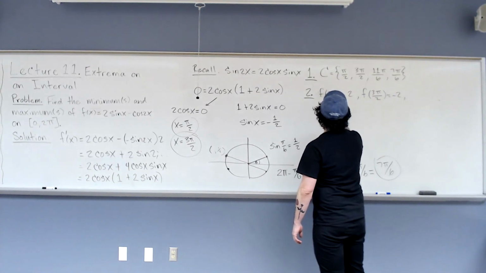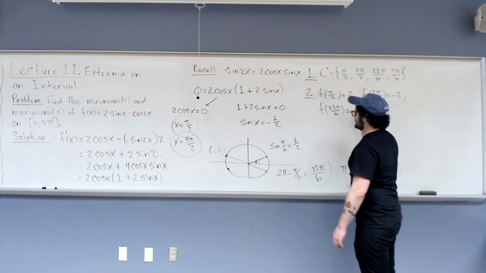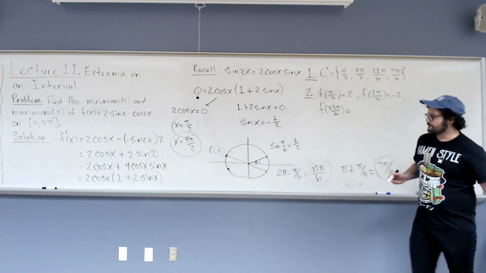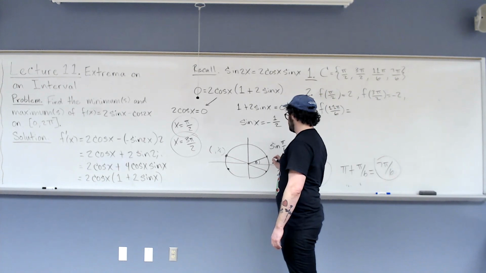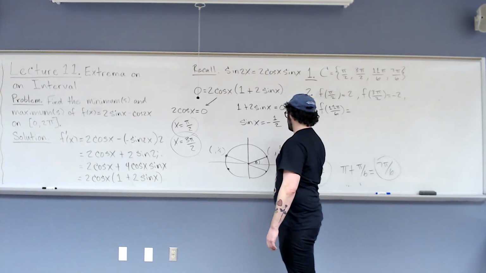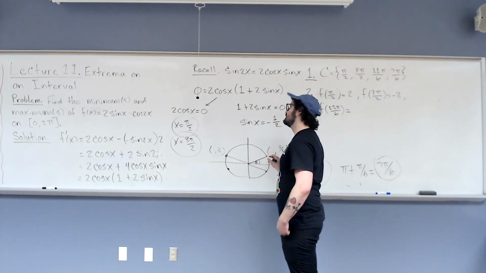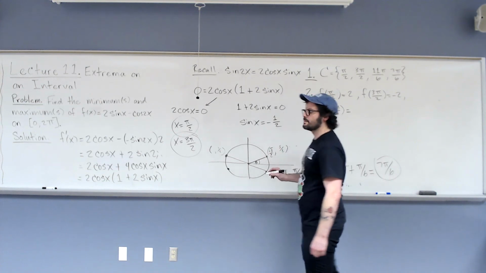F of 11 pi over 6. Okay. So the y value here is what? This point right here, the y value is 1/2, and then the cosine value is √3/2, right?